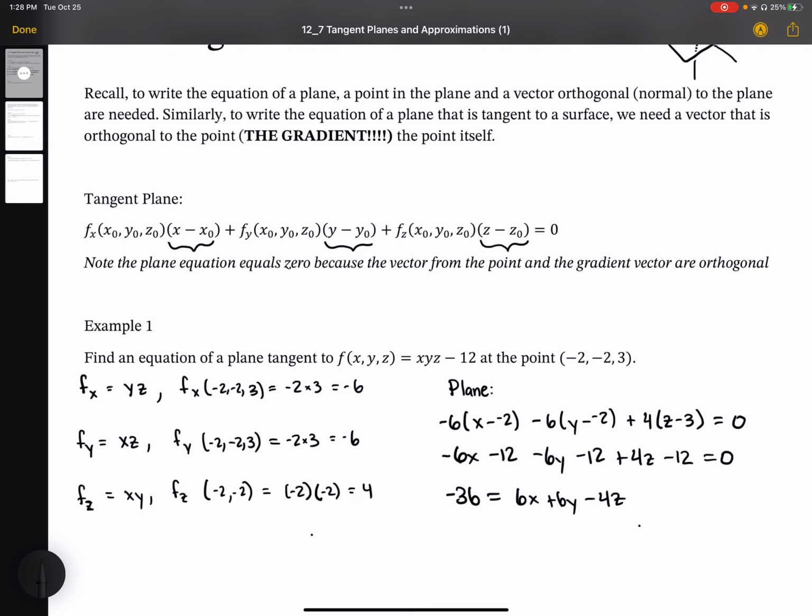We could divide everything by 2, but let's not, and say that this is the equation of our plane. Now, one thing to check is you should substitute in x, y, and z to see if you get this value. If so, you haven't messed up any algebra steps. If you don't, go back and check your algebra.